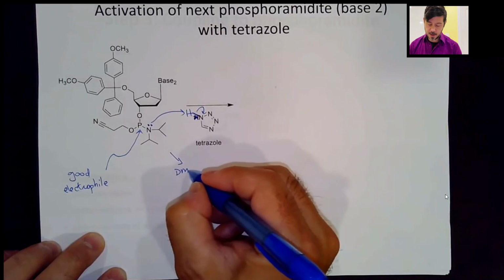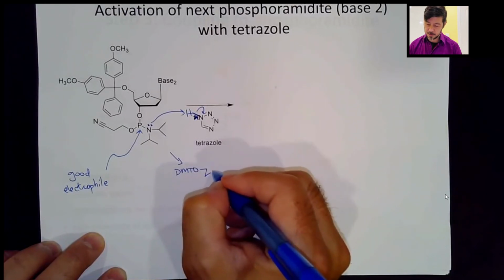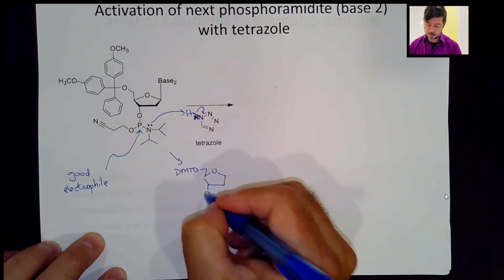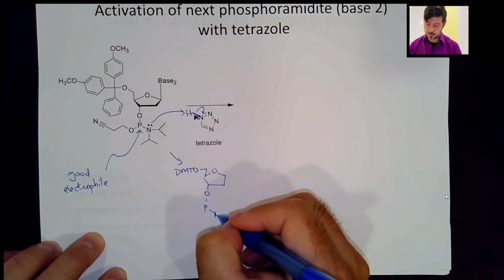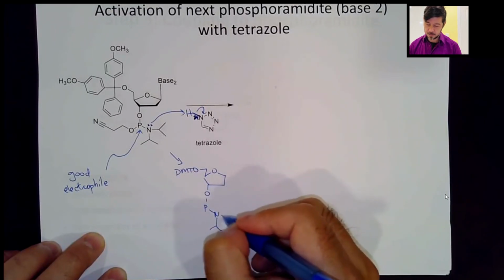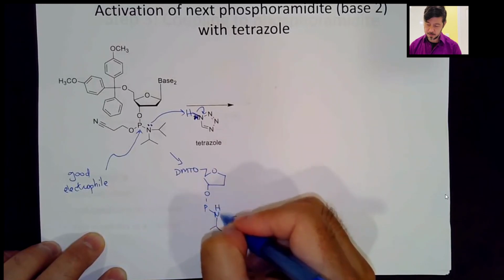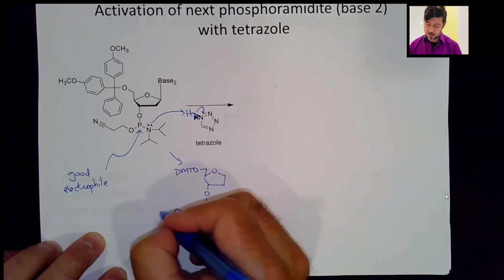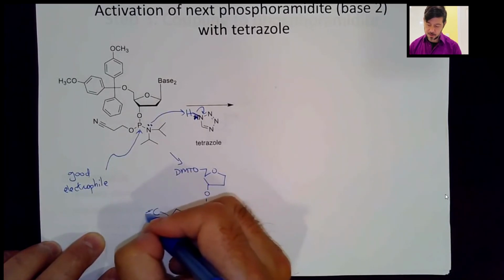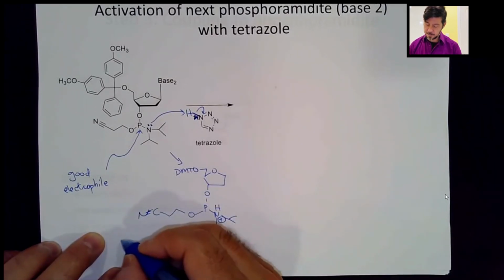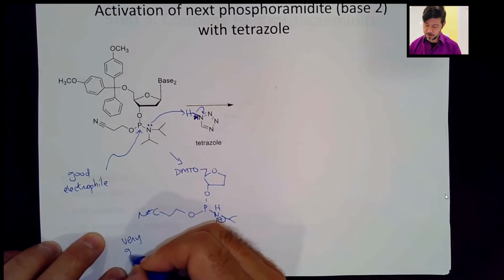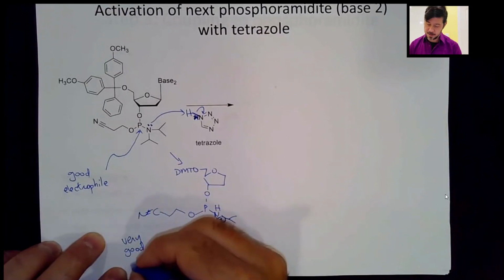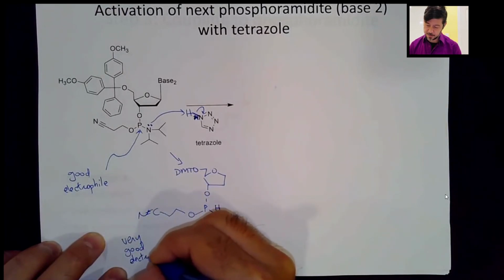So once that happens, you now have a nitrogen with a positive charge. So this is now, let's call this a very good electrophile. So we're raising the bar in terms of electrophilicity.